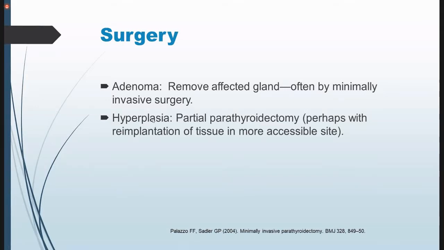However, in case of hyperplasia, because all 4 glands are hyperplastic and all of them are involved in producing higher PTH levels, partial parathyroidectomy is performed, which is usually removal of 3.5 of the parathyroid glands, and the remaining half gland, which is reserved, is then reimplanted into a more accessible site, mostly in the forearm. Because if, for example, that hyperplastic half gland also produces high PTH and high calcium, then removing that half gland from the forearm will be easier.